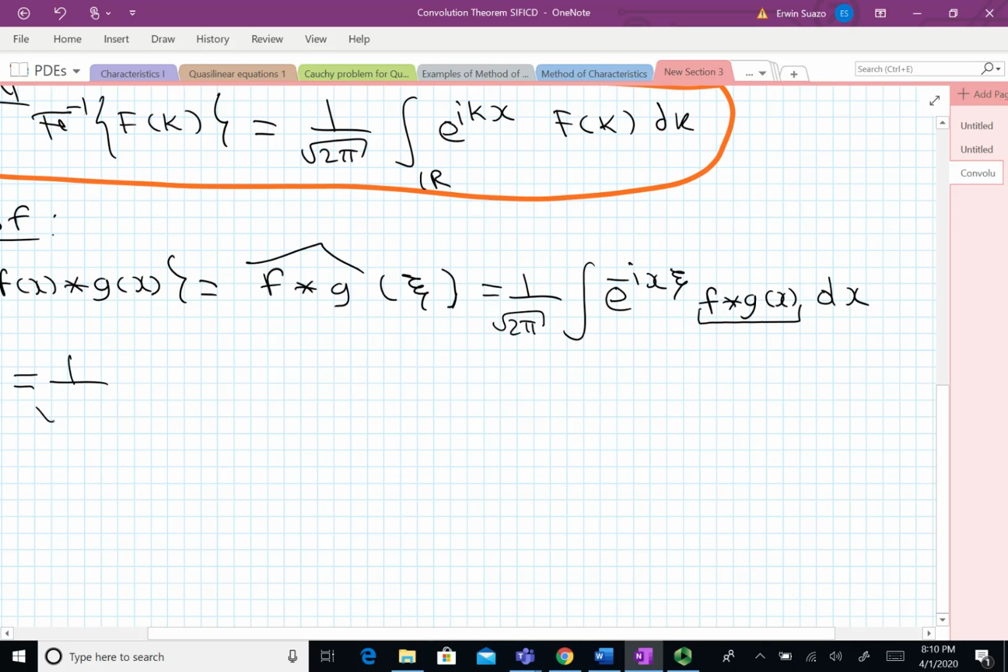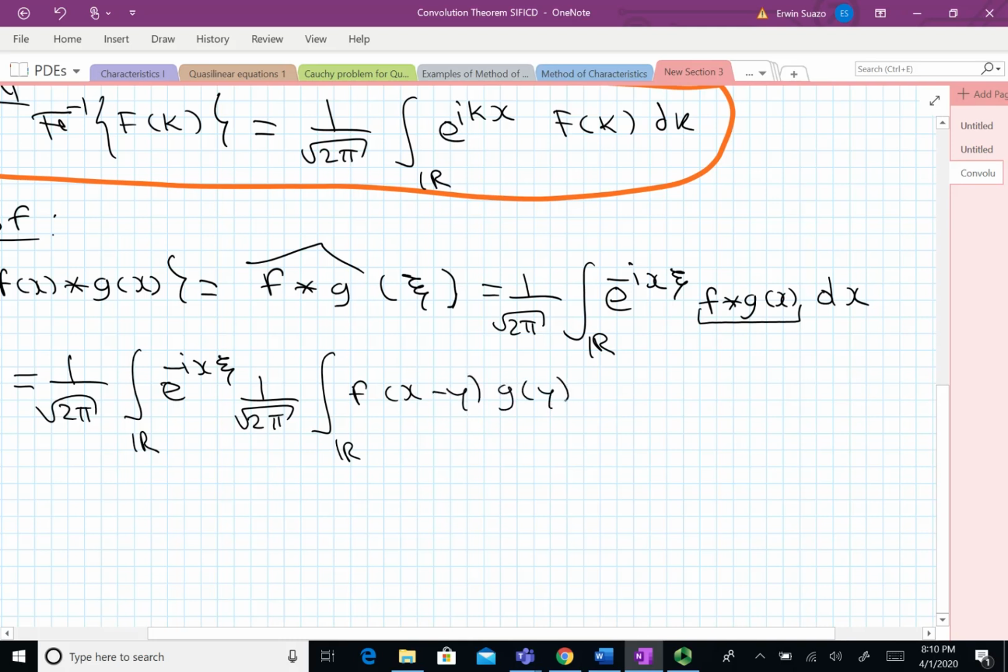So 1 over the square root of 2 pi, integral over the real numbers, or minus infinity to infinity, either way, of e to the minus i x zeta, and the convolution is 1 over the square root of 2 pi, integral over R of f of x minus y, g of y, dy dx.